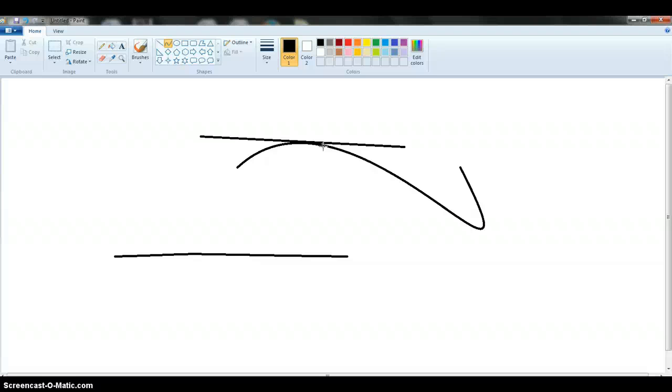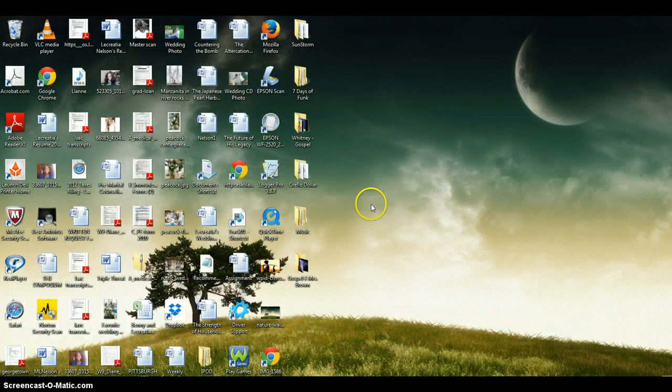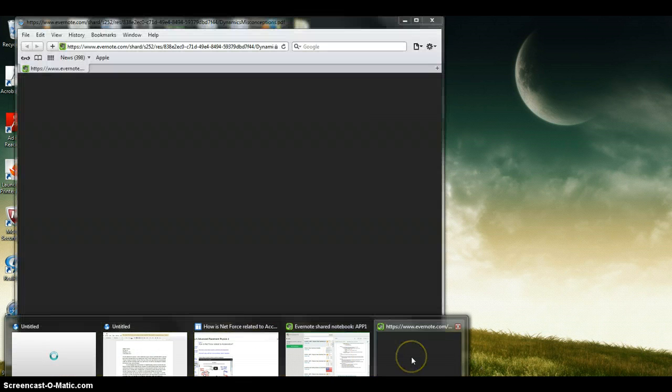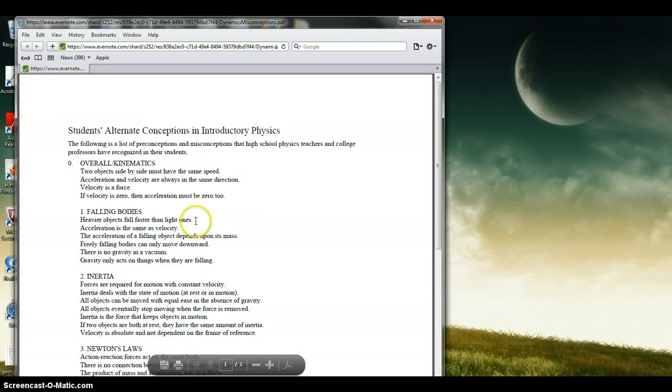And then at the very peak of it, your velocity becomes 0, but your acceleration is still negative. So acceleration does not have to be 0 when your velocity is 0. That is a common misconception that needed to be addressed, because that can definitely ruin a person's whole idea of constant velocity and really screw them up in physics.